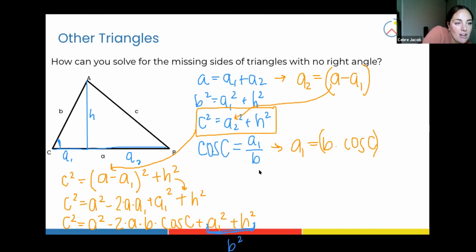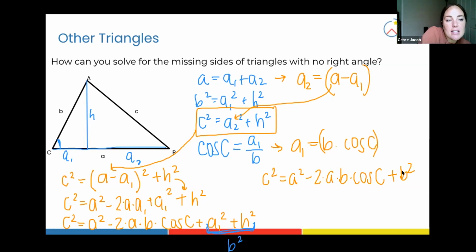So I have C squared equals A squared minus 2AB cosine C plus B squared. And if we just reorganize it to put the squared stuff first, this is the law of cosines.